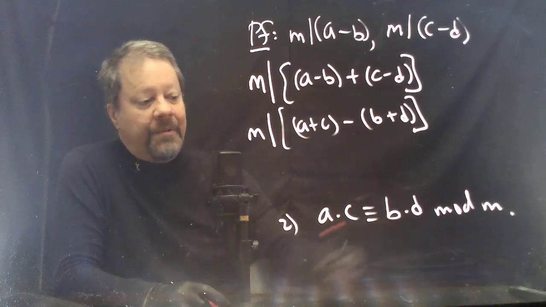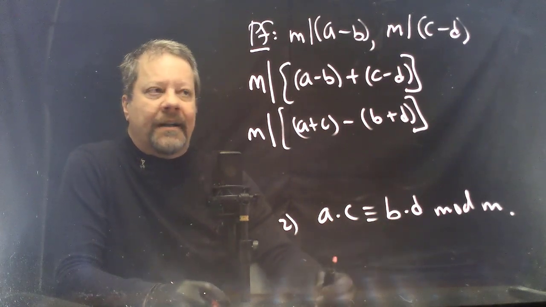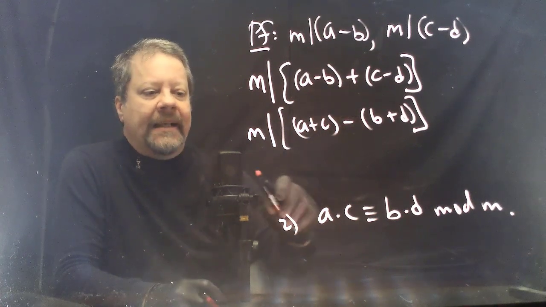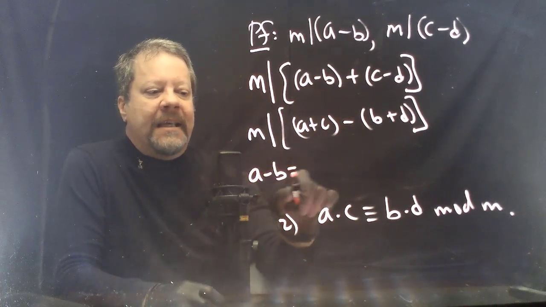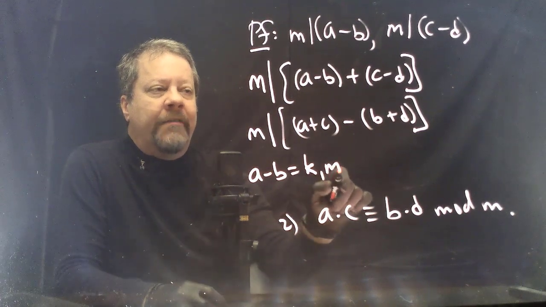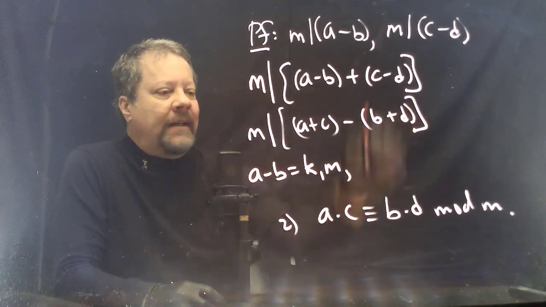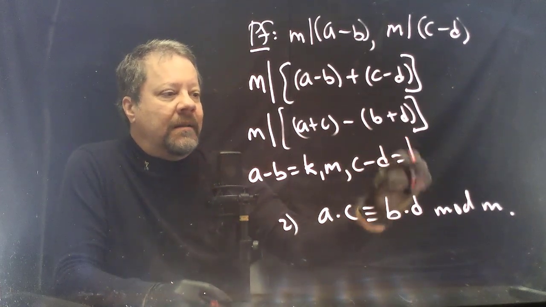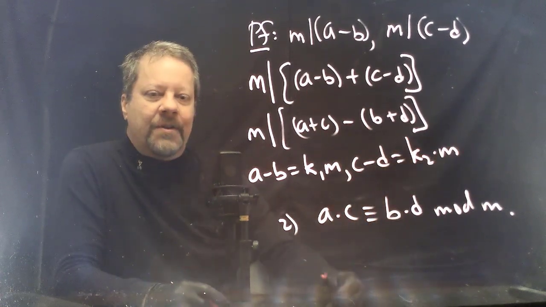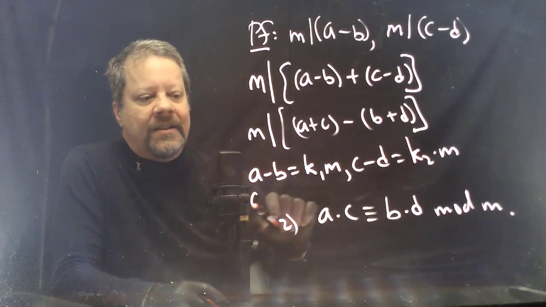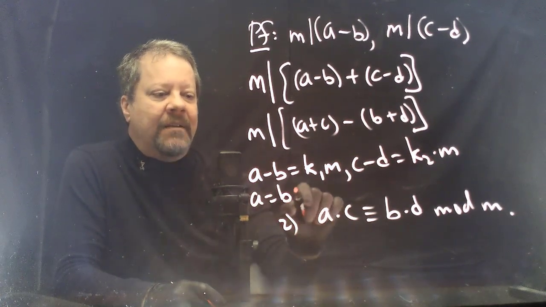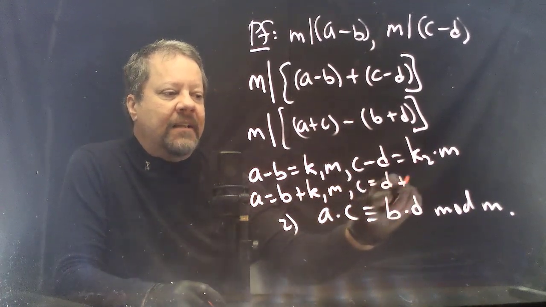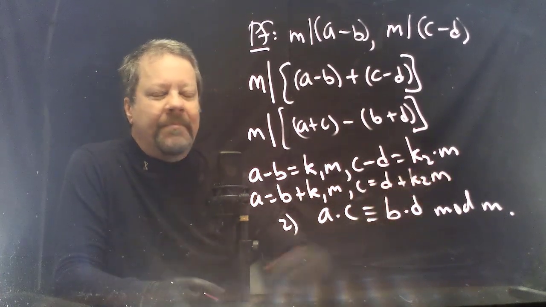So how do we prove the congruence of these products? Well, let's just go back and see what these actually mean again. A minus B is k1 times m for some integer k1, and C minus D is k2 times m for some integer k2. So A is B plus k1m, and C is D plus k2m.